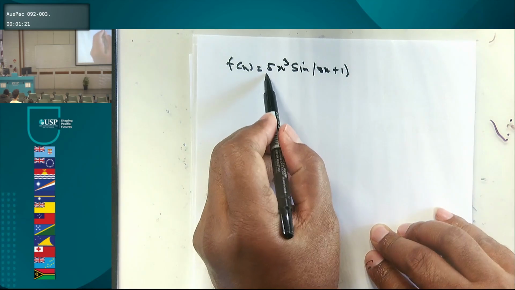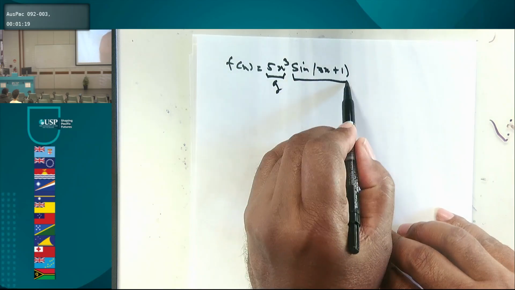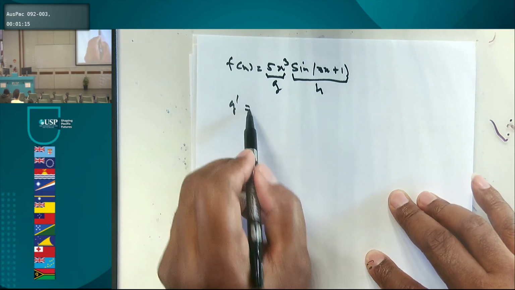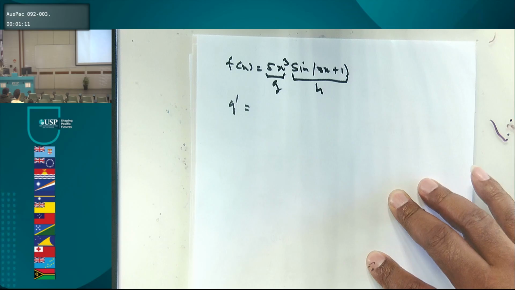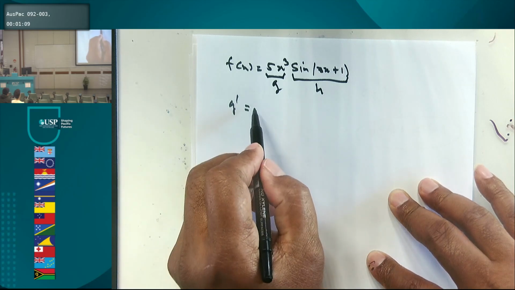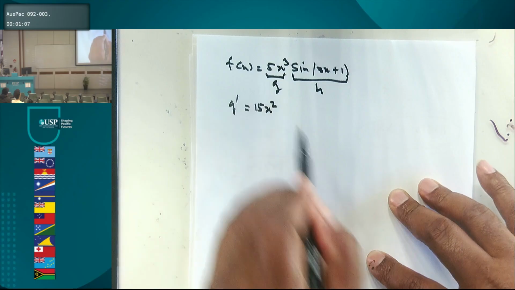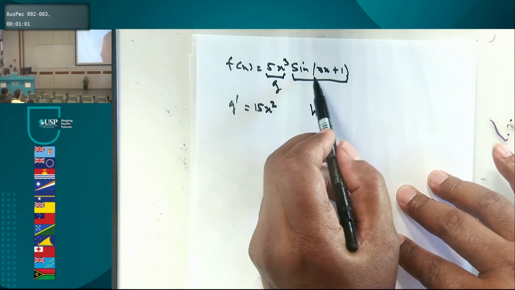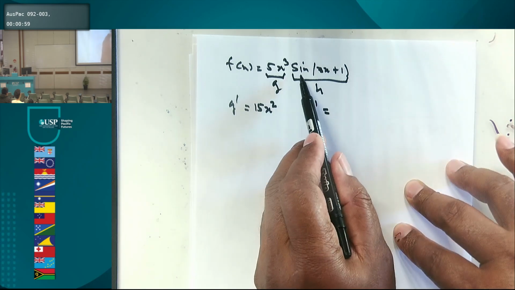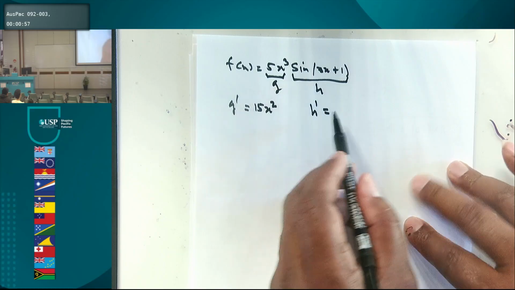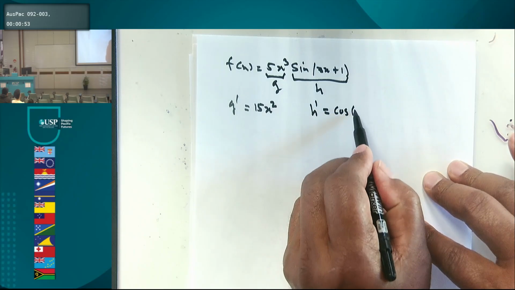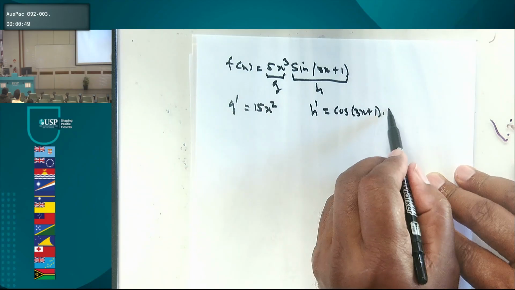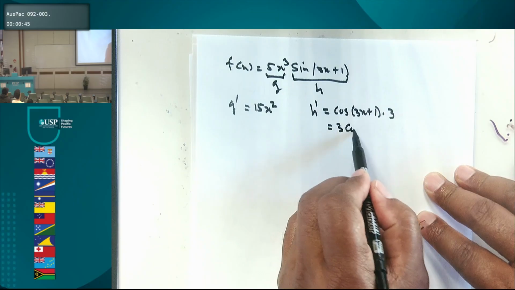I'll call this G, I'll call this H. So G dash, what's the derivative of G? 15x squared, yep. H dash, if we differentiate this, this will require chain rule. So cos 3x plus 1 times differentiate the inner, which is 3.